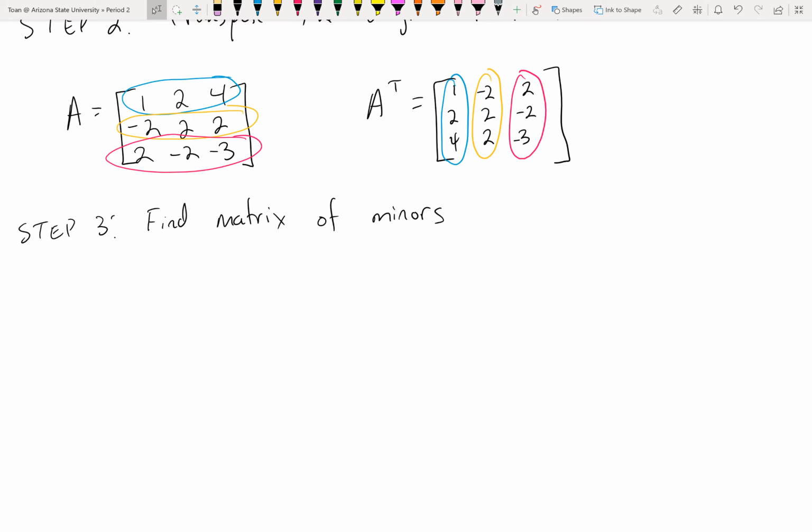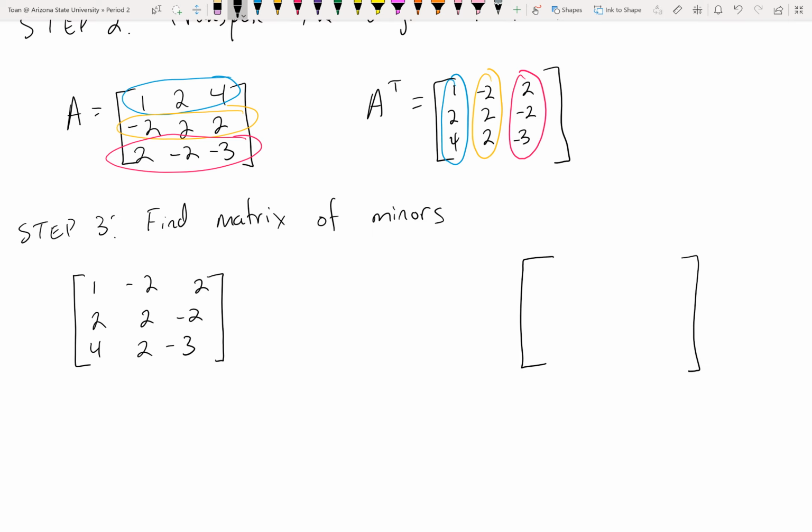So what we're going to do is take this matrix here. 1, negative 2, 2, 2, 2, negative 2, 4, 2, negative 3. Our matrix of minors will be the same size, so it's going to be a 3 by 3. So here's our answer here.